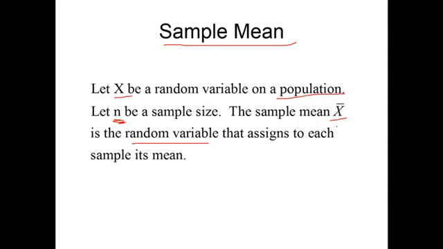You just assign the mean to each of those samples, and the random variable that does that is the sample mean. Notice we have a connection of the notation here. Your original notation is x, the sample mean from that is x bar, and somewhere you have to have set a sample size that you're going to take.